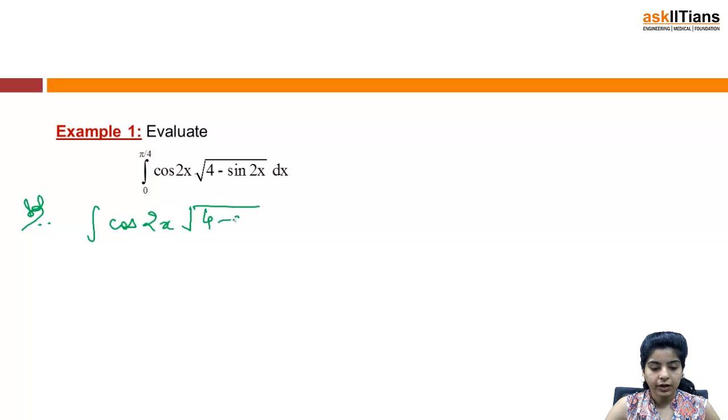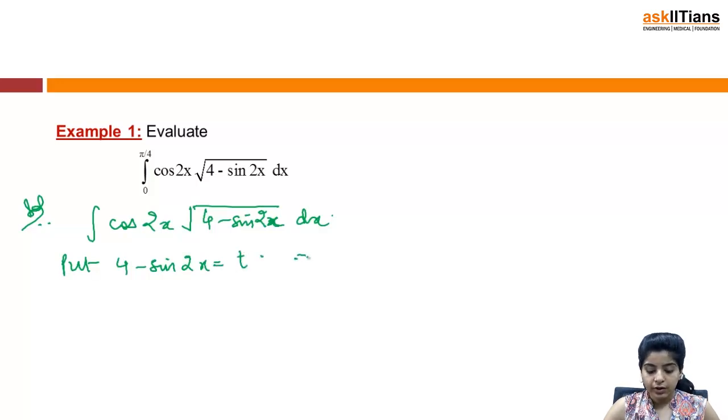In order to integrate this, I put the term under the square root sign as t. So this gives me minus 2 cos 2x dx comes out to be dt.